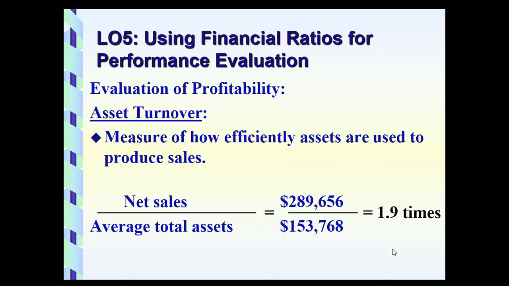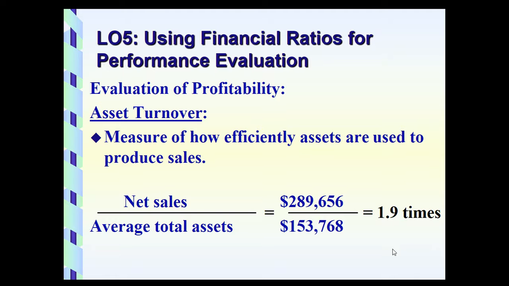And our average total assets are calculated by taking the ending balance of the previous year's assets, which then becomes the beginning balance for the current year, and adding them together with the end of year balance for the current fiscal period, and dividing that by 2.